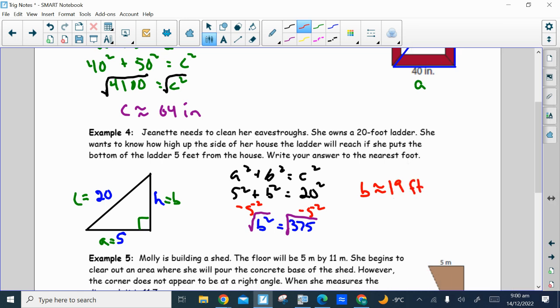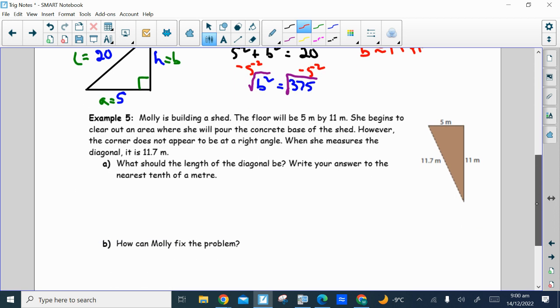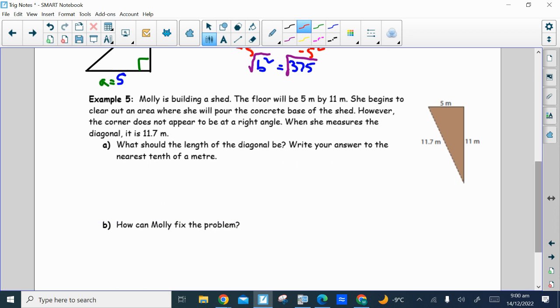Right, so you always have to make sure that you label the hypotenuse as C. The other two sides, the legs of the triangle, are A and B. And as long as you label the hypotenuse as C, you should be fine. So always start with that.